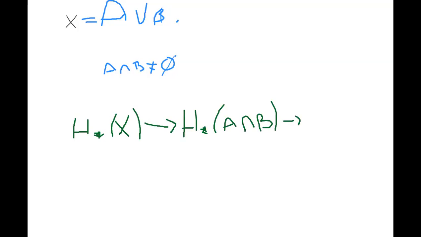So you have the natural map from the intersection of A and B to X. Yeah, so you have just the inclusion of A intersected with B into X. And then by naturality, you have the map from A intersected with B to X.